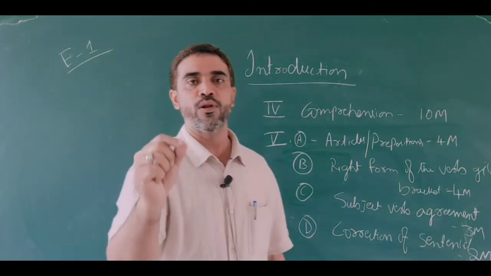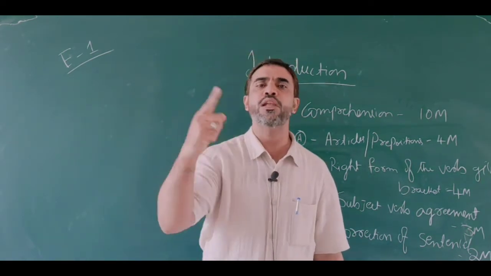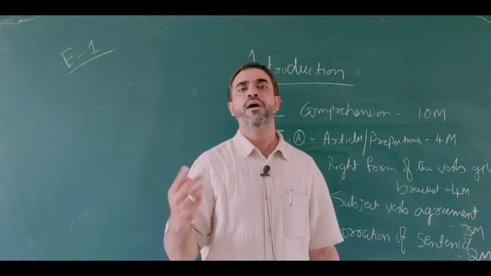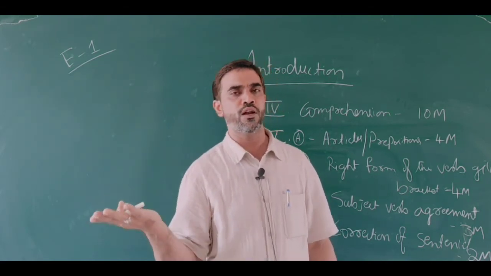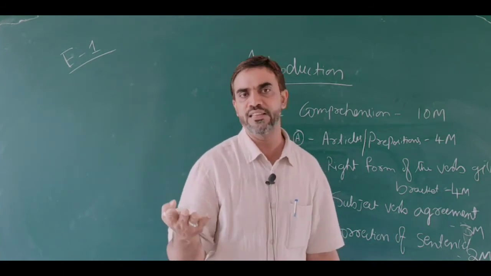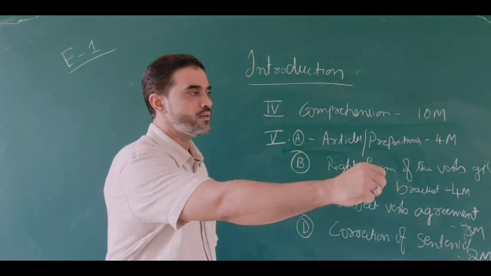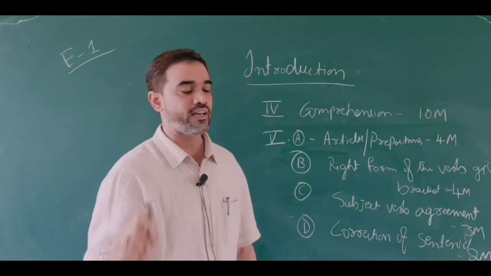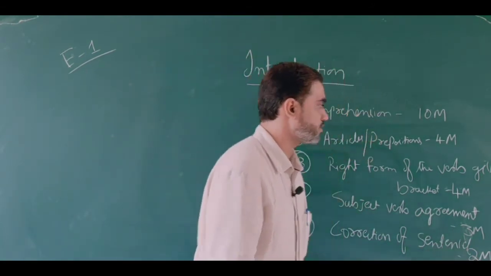You will have to find that error, or rewrite the wrong sentence into the correct form by maybe choosing a preposition or an article, or maybe a subject verb agreement, or maybe punctuation, anything for that matter. So, read the question, identify the error and rewrite it as a correct sentence. So, that will be again for 2 marks.